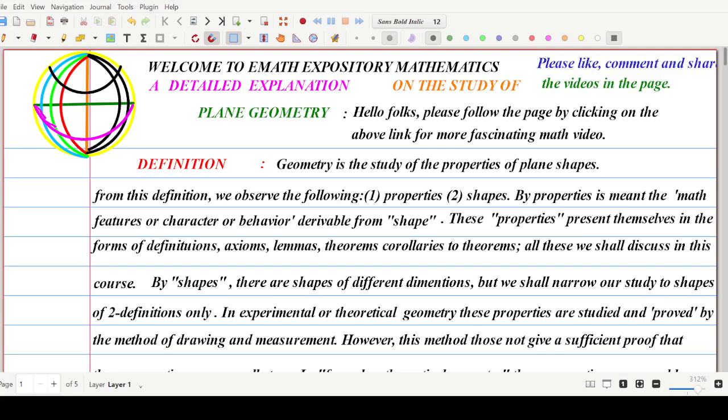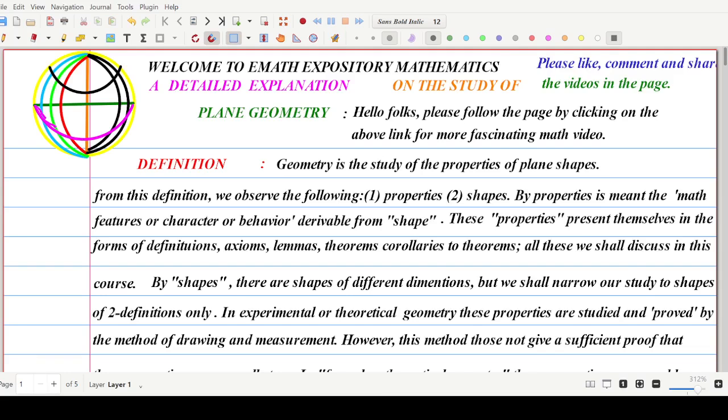Those features, those characteristics, those mathematical behavior that you get from shapes, we call them properties. All right. So what we are studying in geometry is the mathematical features of shapes, such as angles, lengths, and so on. All right. So when we do that, what you are involved in is called geometry.